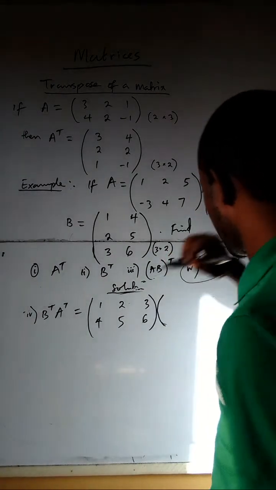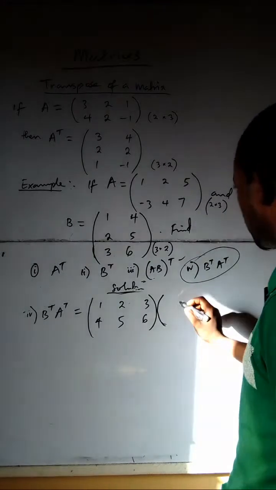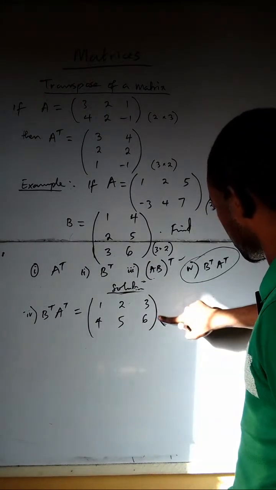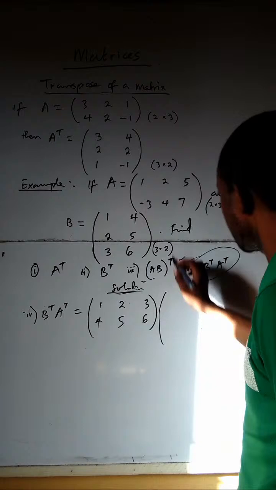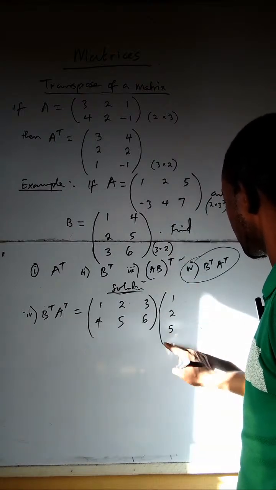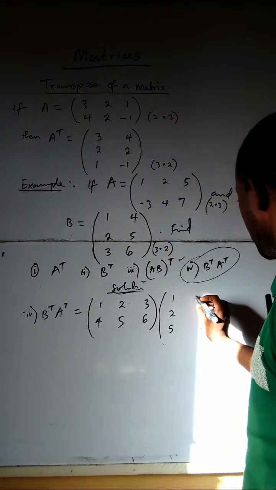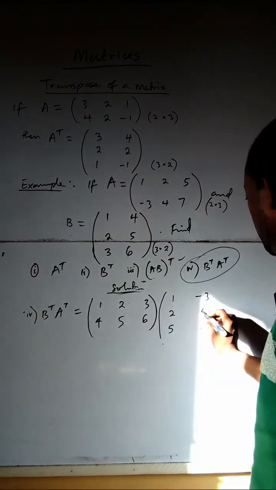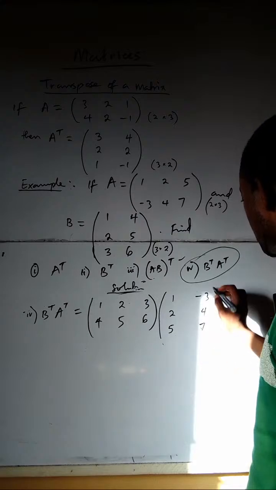A transpose here, also the row turns to the column, and this becomes 1, 2, 5. Then we have minus 3, 4, 7. So this is A transpose.